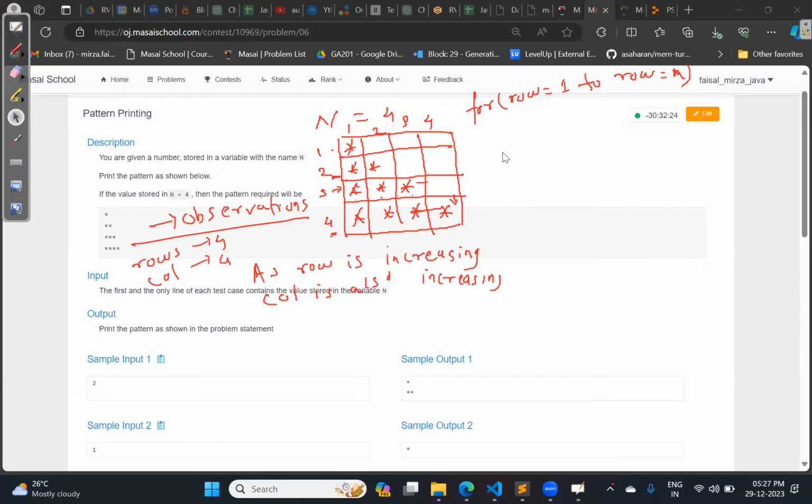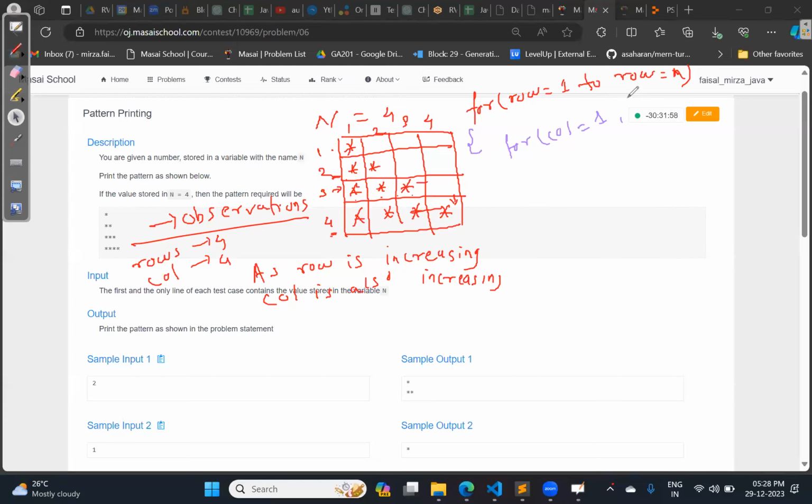Just I'm writing the pseudocode. But tell me how the inner for loop will work. This is very important. Can I say that inner for loop totally depends upon the value of row? Starting with column number 1, but there is a condition.